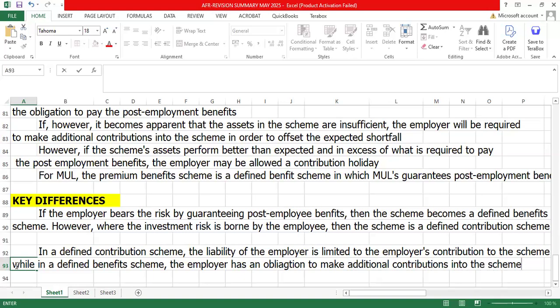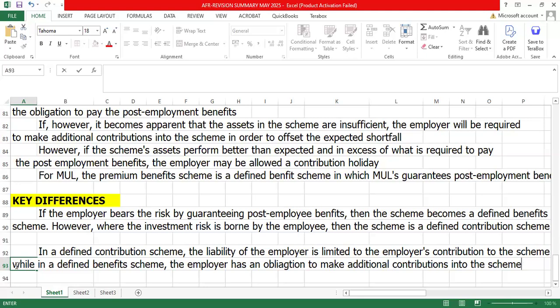If the employer is contributing on your behalf that NSSF contribution, he has no obligation to add any other money. But with a defined benefit scheme, he has an obligation to add additional contribution in a situation where he realizes that the money in the scheme is not enough. He or she will add more money, not like NSSF contribution.